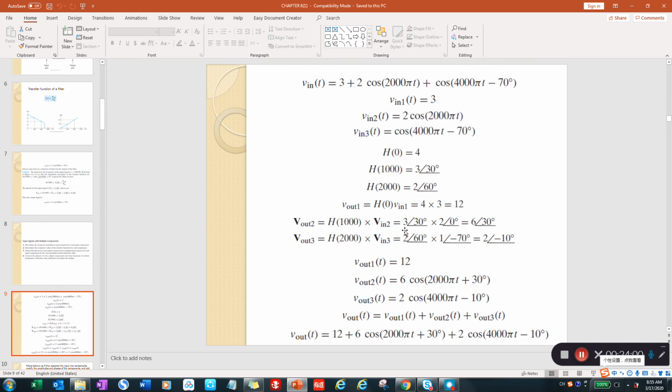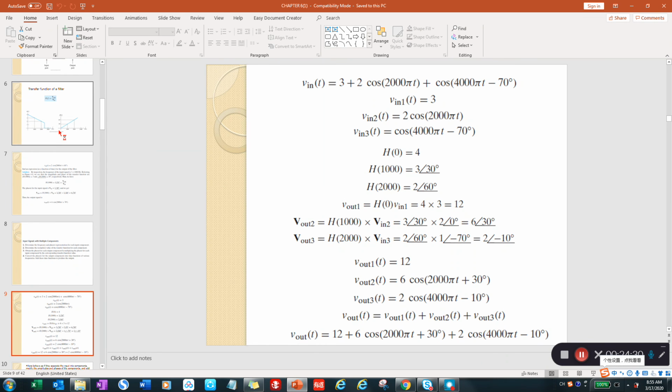So the transfer function multiplied by the input in the phasor representation will be 3∠30° multiplied by 2∠0°. Then we know it will be 6∠30°. Then we're going to figure out the last component, the third component of our input. The third component has a frequency of 2000.